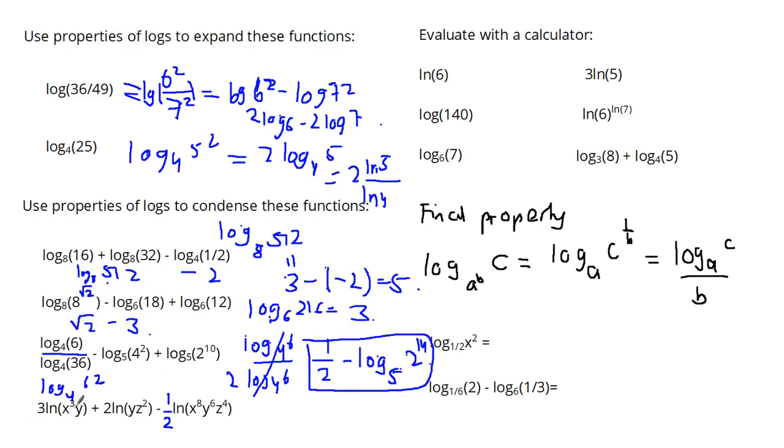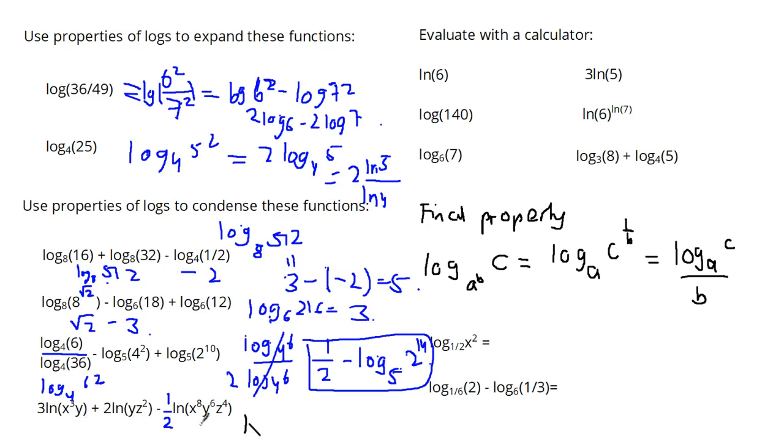3 ln of x cubed y plus 2 ln of yz squared minus 1/2 ln of x^8 y^6 z^4. This looks like a lot, but basically all the coefficients that you have, just put them out to the front.